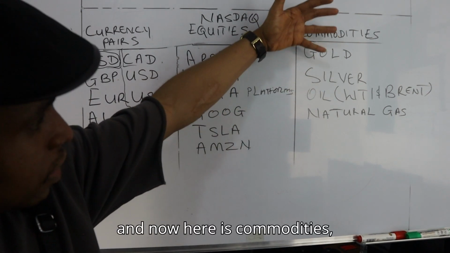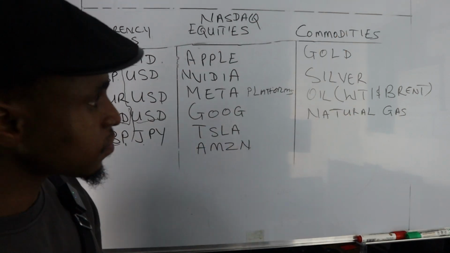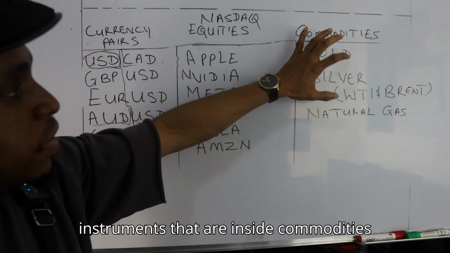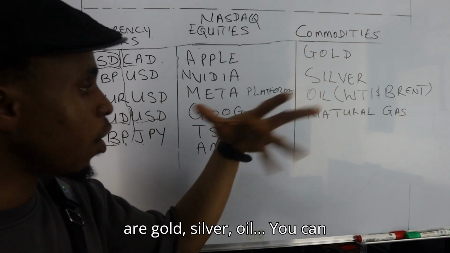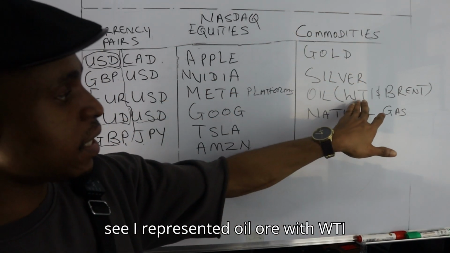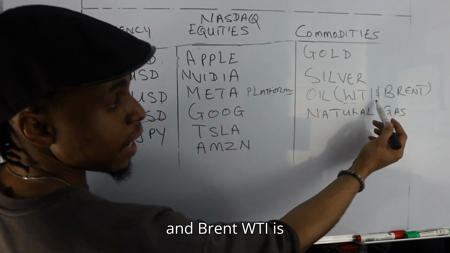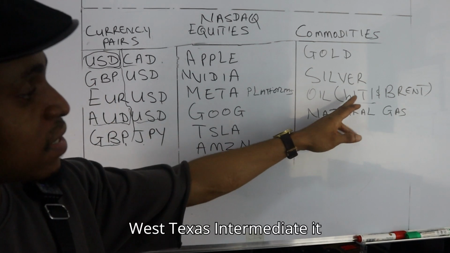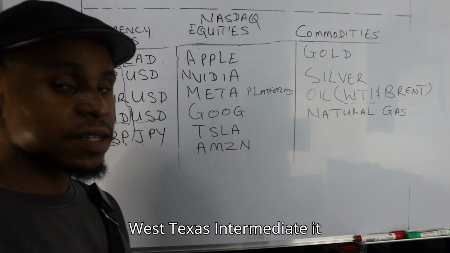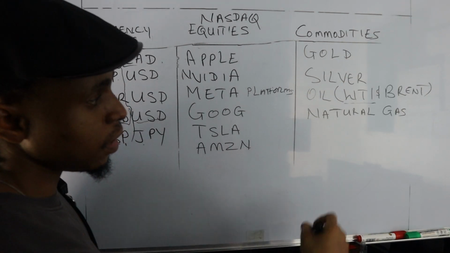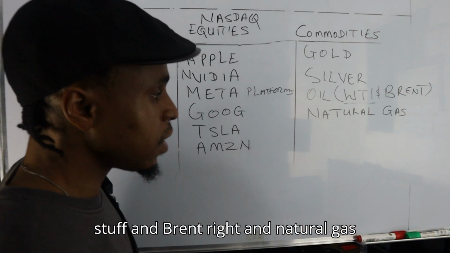All right. And now here is commodities. You can trade commodities. The instruments that are inside commodities are gold, silver, oil. You can see I represented oil with WTI and Brent. WTI is West Texas Intermediate. It is a part of US oil and gas, and Brent, right? And natural gas.